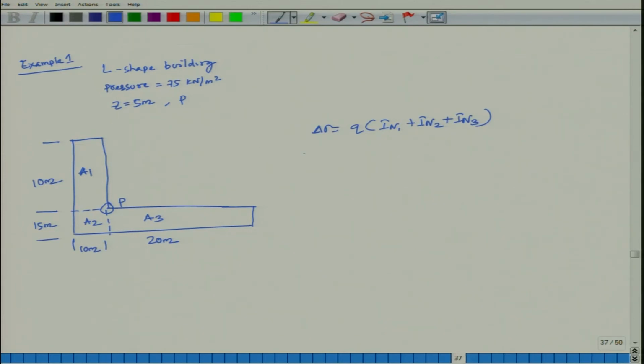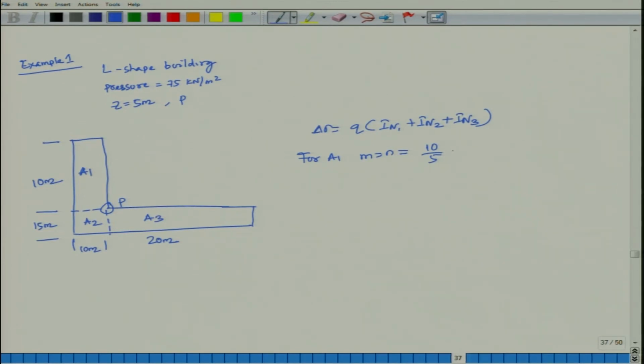For A1, M is equal to N, which is equal to 10 by 5. 10 by 5 means this is your size, L is your 10, 5 is your depth below, Z is equal to 5, B is equal to 10.